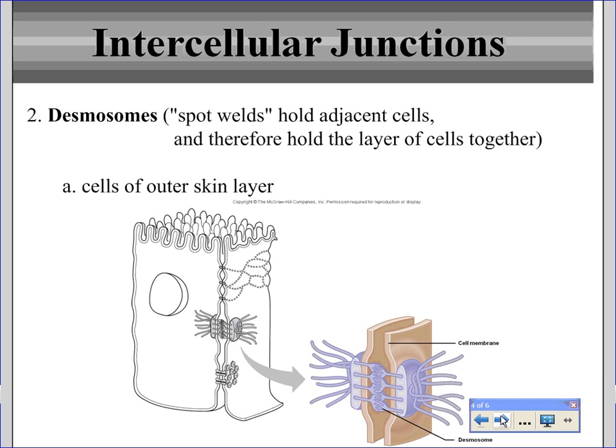The second intercellular junction is desmosomes. These spot welds allow for a little flexibility, and they hold cells together, but have some give to them, unlike the tight junctions.